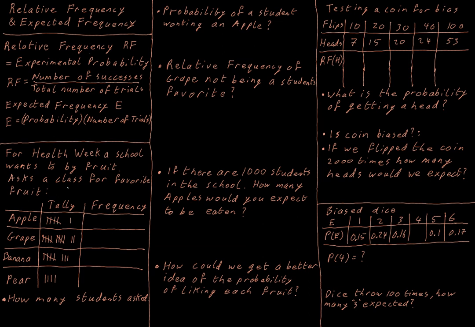So if we wanted to say the first student liked an apple, we'd put down one line for apple, and then another student liked an apple, another, and another. And then when we get to 5, we put a diagonal line across to say we now have a bundle of 5 students. And then the next student, we'd start with a next dash, and we'd keep filling up bundles of 5.